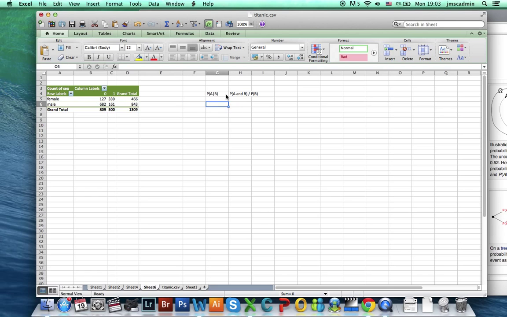For example, we want to calculate the probability of survivor given female. We can first calculate the probability of survive and female, which is equal to survivor and female, this number, 3 line, divided by the 130 line.